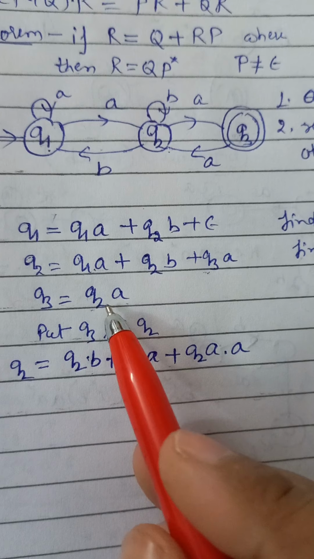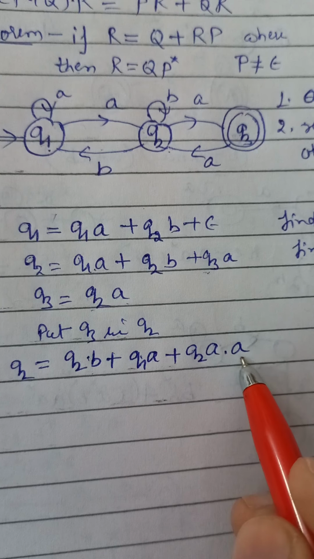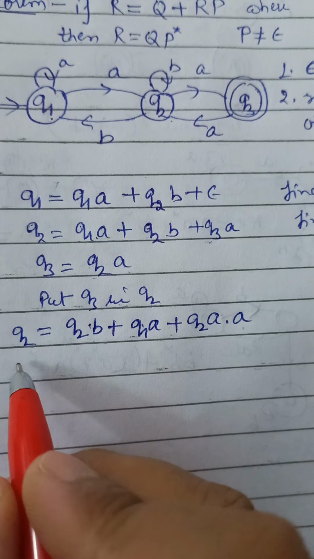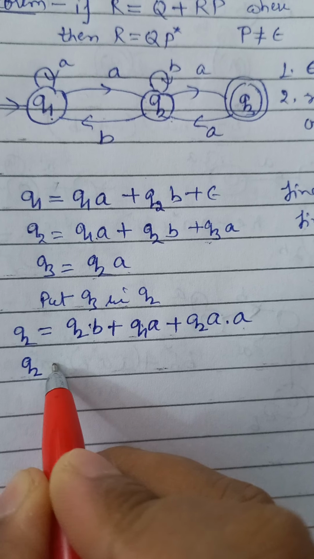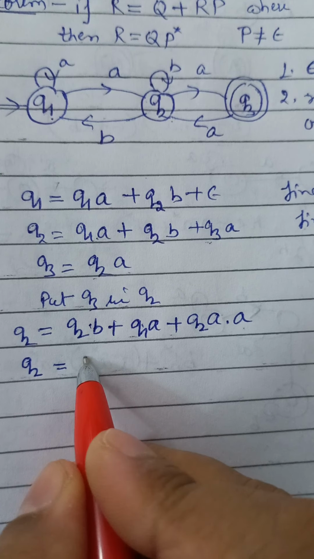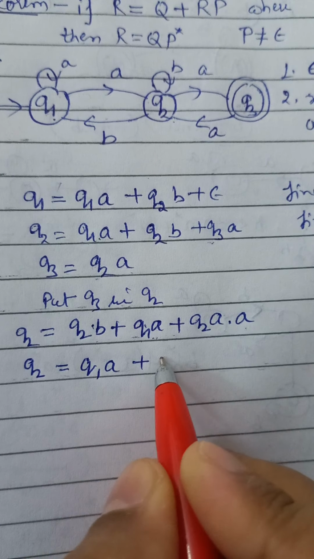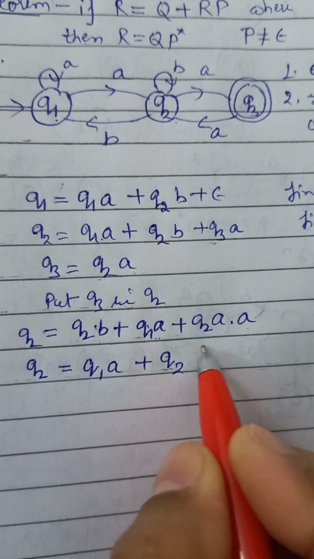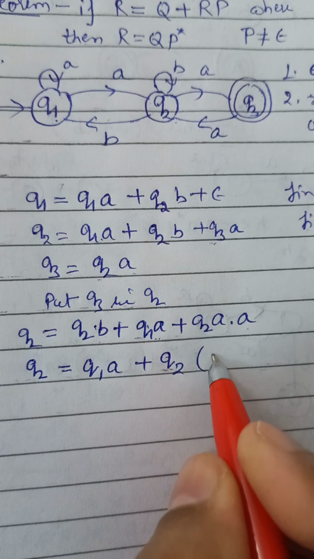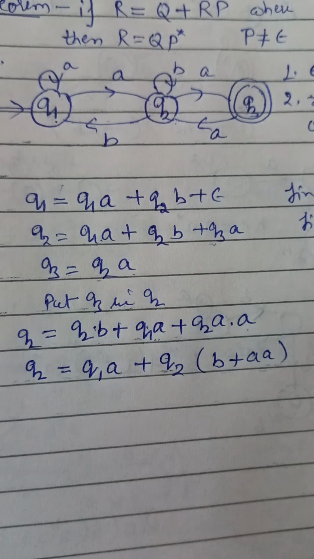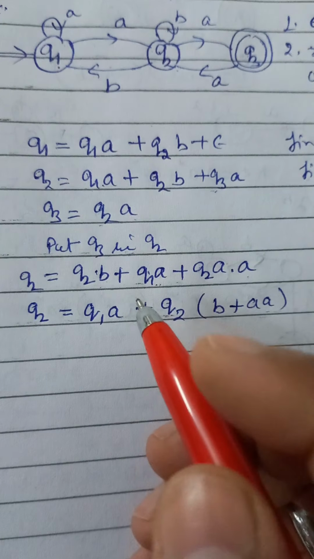Instead of q3 we write q2a, and this is again a. So what we are getting here: q2 equals q1a, we take q2 common, so we get b plus aa.